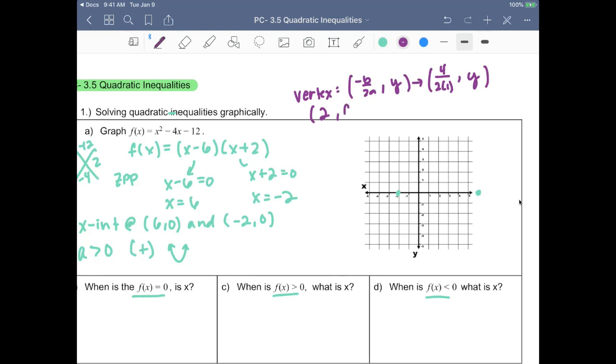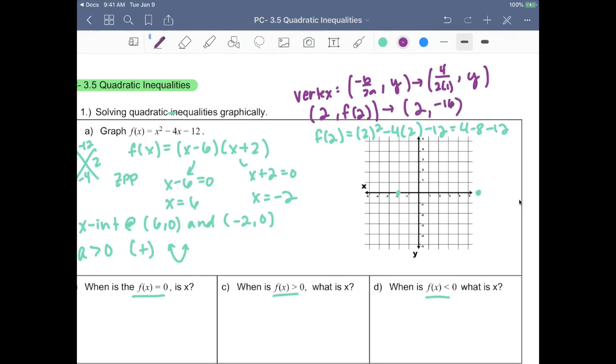And now we need to solve for f of 2. So we just plug it in. f of 2 is equal to 2 squared minus 4 times 2 minus 12. That gives me negative 16, I think. 4 minus 8 minus 12. Yeah, negative 16. So the vertex equals (2, negative 16).